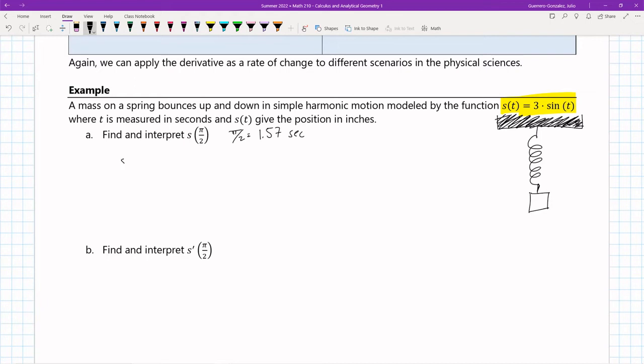So s of pi over 2 is going to be 3 times sine of pi over 2. If you guys remember what sine of pi over 2 is, that's 1. So this is going to be 3 times 1, 3 inches.